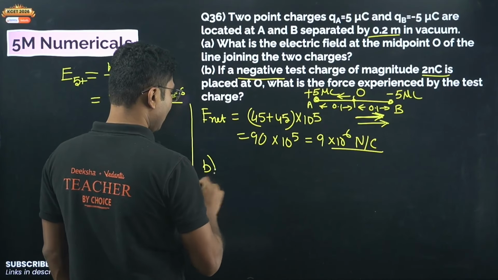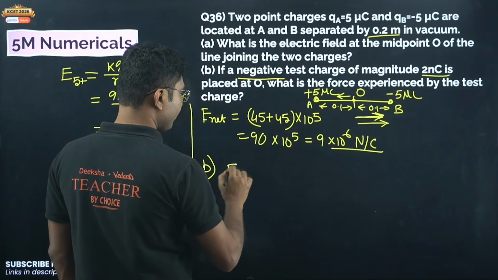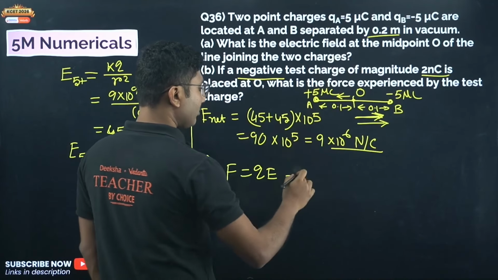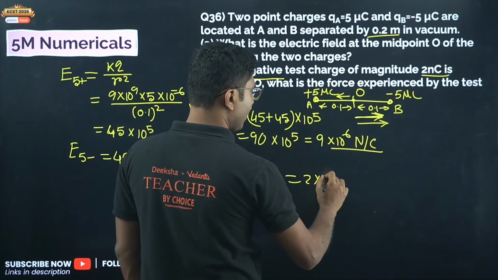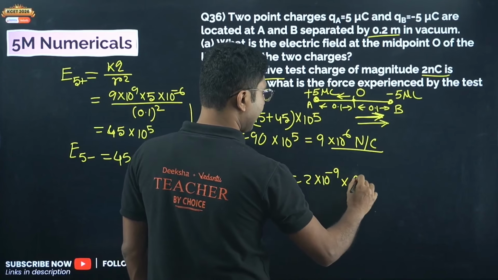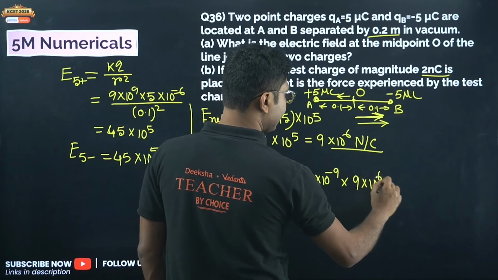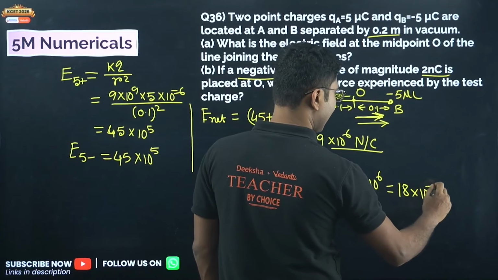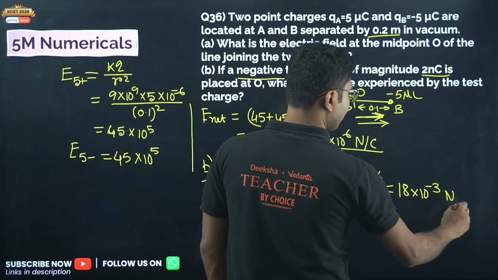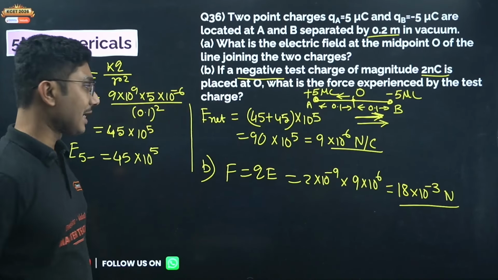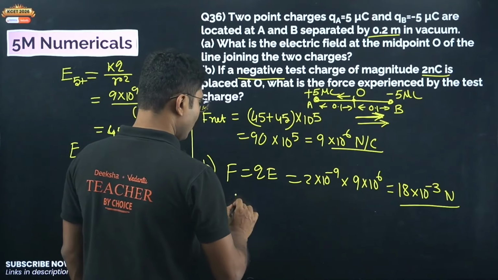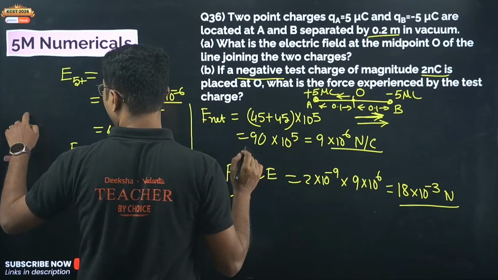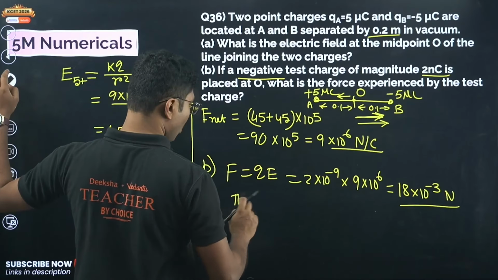So part B, what is the net electric force? Force is given by Q into E. Test charge is 2 nanocoulomb, so 2 into 10 to the power of minus 9 and 9 into 10 to the power of 6, so it will be 18 into 10 to the power of minus 3 Newton. So this is the force experienced by the charge and the direction is towards or along OA.